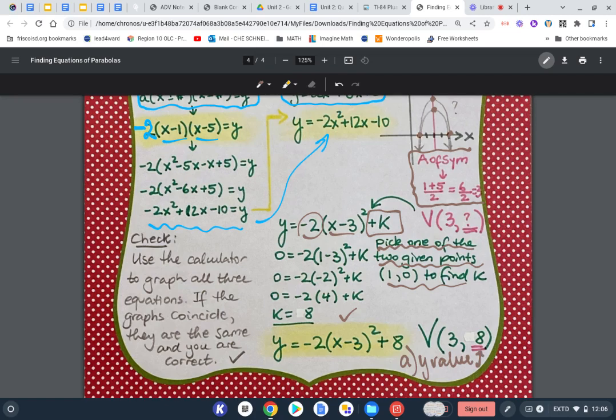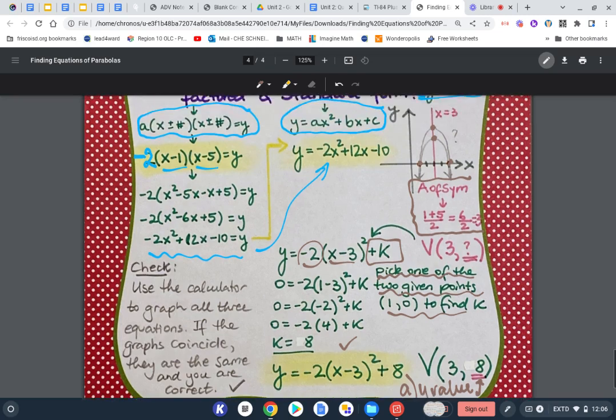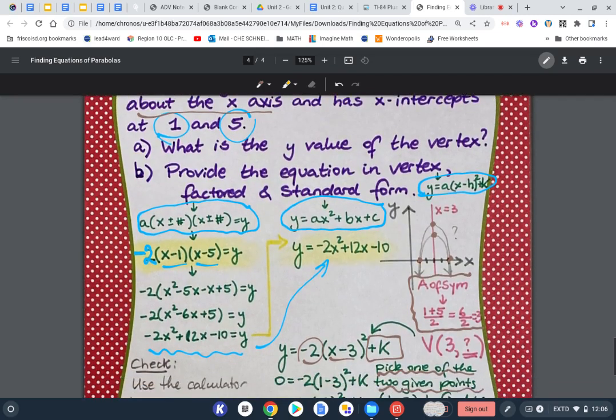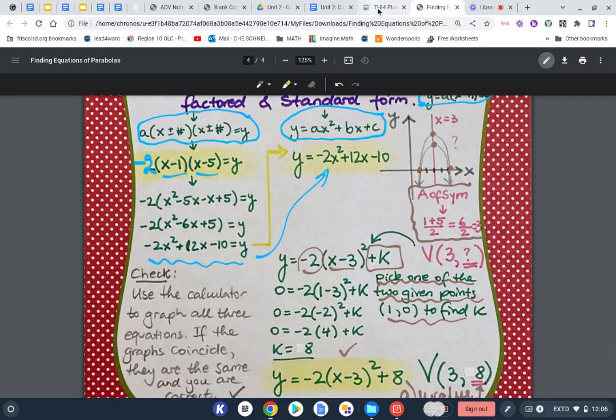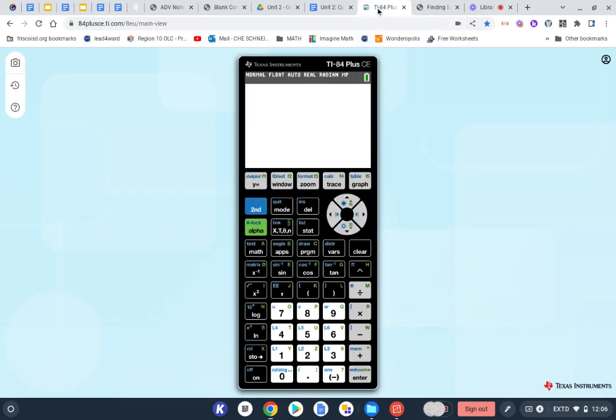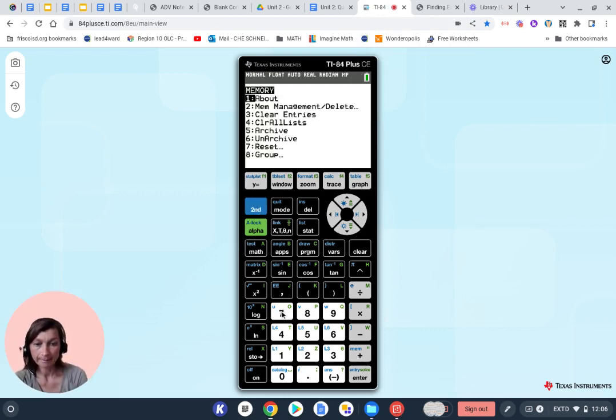Now, how do I know I got it all right? Okay, I use the calculator and I put in all of my values. So second plus 7, 1, 2 to clear your calculator.